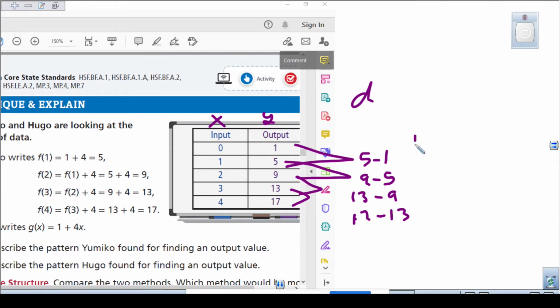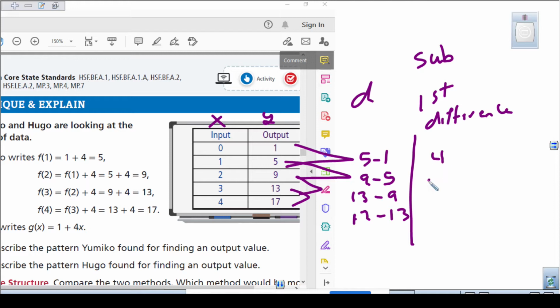So the first difference, or first subtraction, since the difference in math is subtraction, is going to be 4 and again 4 and again 4 and again 4. Because this is repeated, it's the same one, we call that the common difference, or common subtraction.